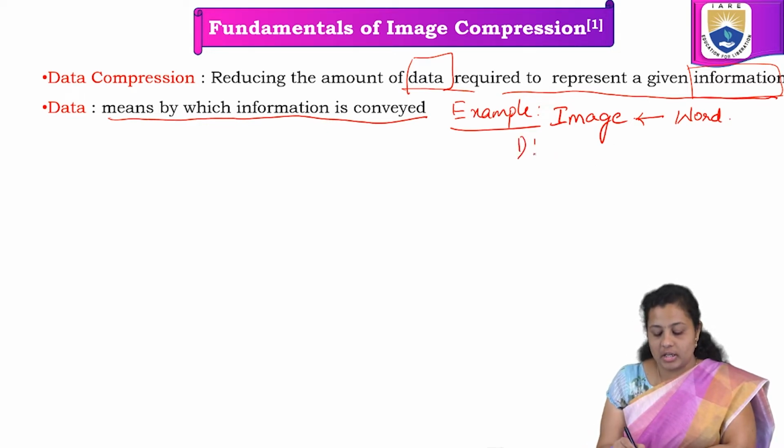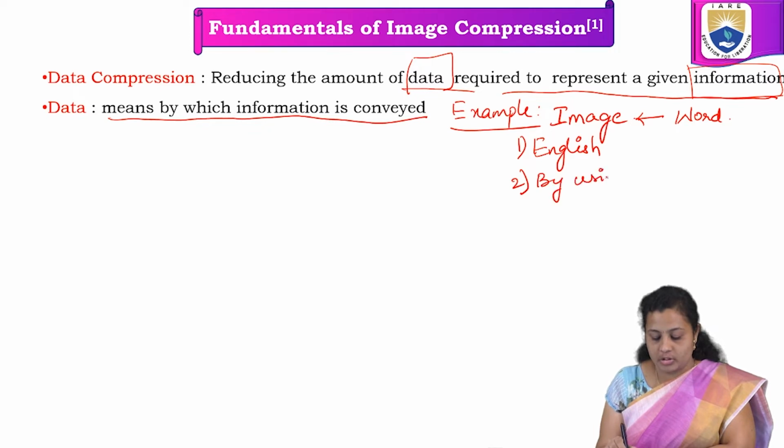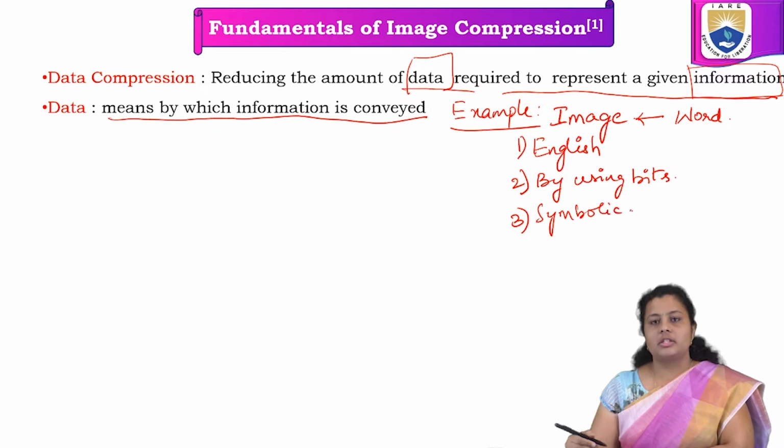First is by English letters, second is by using bits, and the other can be symbolic. These are different ways by which the word image can be represented.